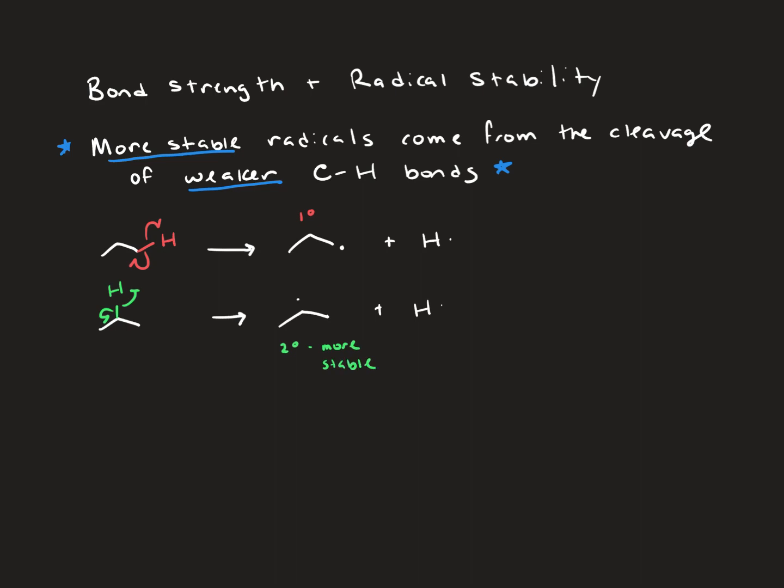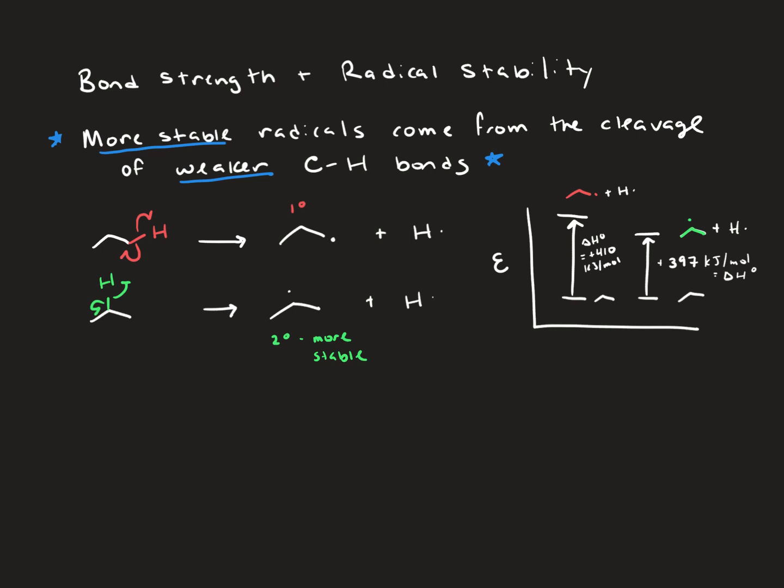Both of these reactions are endothermic. So if we are able to plot the energy of each reaction, what we would see is that it takes more energy to break the primary C-H bond. It takes 410 kilojoules per mole to break this bond, and it only takes 397 kilojoules per mole to break the secondary C-H bond.